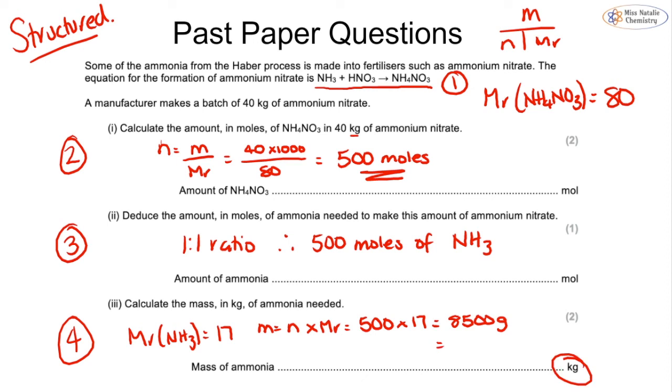You can see that they ask it in kilograms, so we get 8.5 kilograms. So this entire question is saying 8.5 kilograms of ammonia will make 40 kilograms of ammonium nitrate.